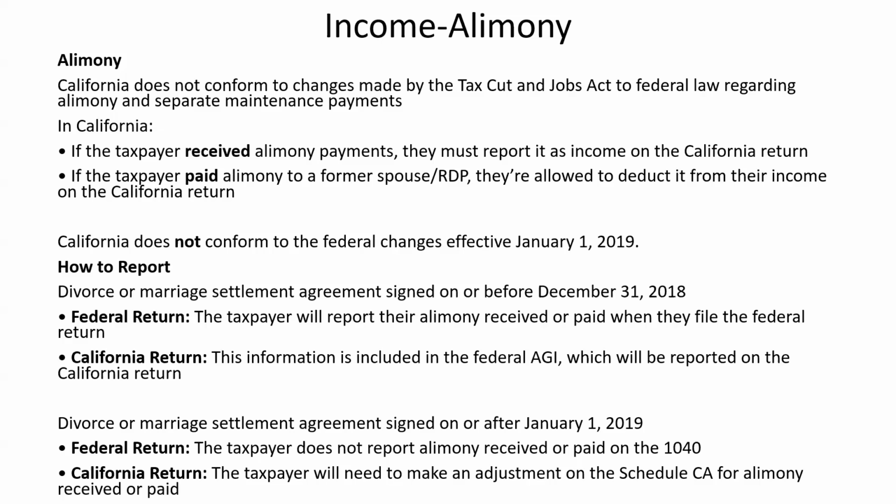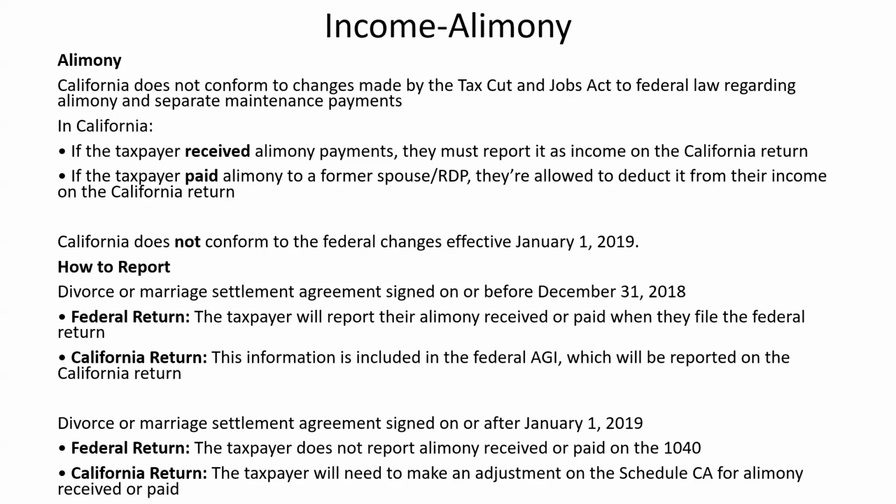That means you go to court, you get divorced, and then the judge says, okay, you are going to pay that person X number of dollars per month. And alimony on your California return is a fully taxable event, period. And if you're paying alimony on your California return, you can take a deduction.